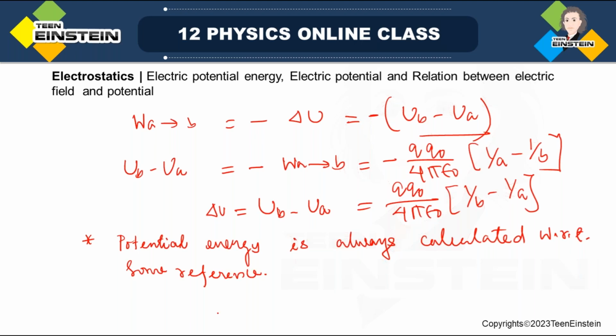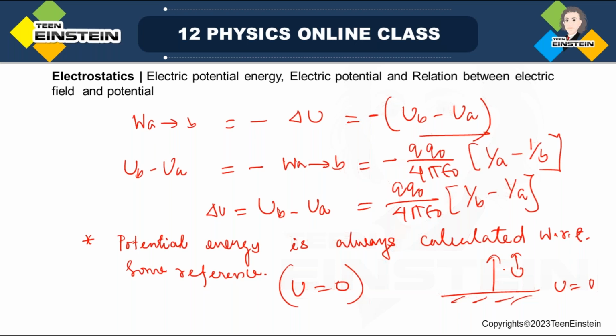So what will be the reference? Reference is chosen in such a way that the potential energy of the reference will be 0. In case of gravitational potential energy calculation, we have taken the earth surface to be reference where the potential energy has been taken as 0. As it goes up, the potential energy increases. Okay, so U increases.